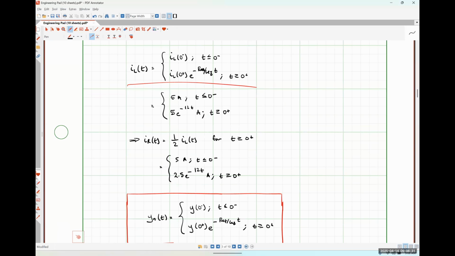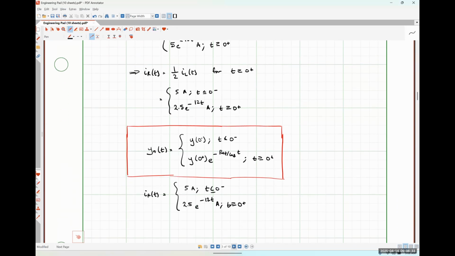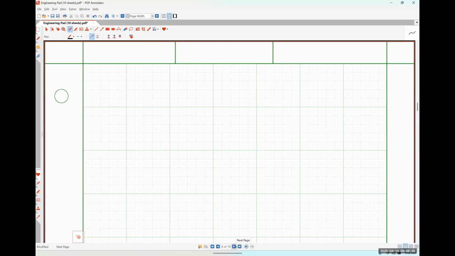So the next thing that I want to talk about is what happens if we have an RC circuit. I'm going to do this much more quickly because it is damn near identical to what we just did with RL circuits. So let's say that I have a generic RC circuit, something akin to this.